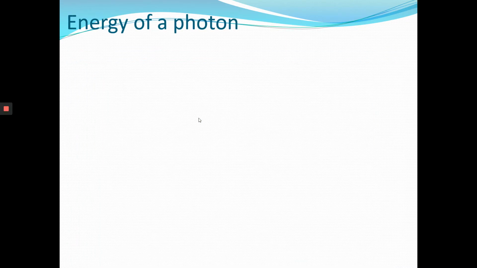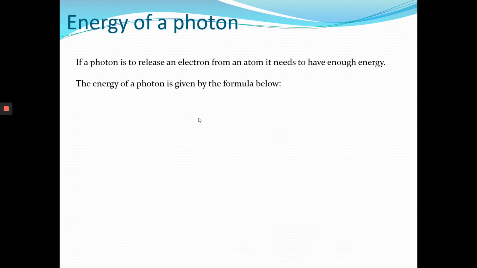So we've discussed photons, we've discussed that electrons have certain energies associated with them, and we've also discussed that electrons can absorb energy from a photon. Now we're going to discuss the energy of a photon in more detail. If a photon is to release an electron from an atom, or be absorbed by an electron to move it up an energy level, it needs to have enough energy.